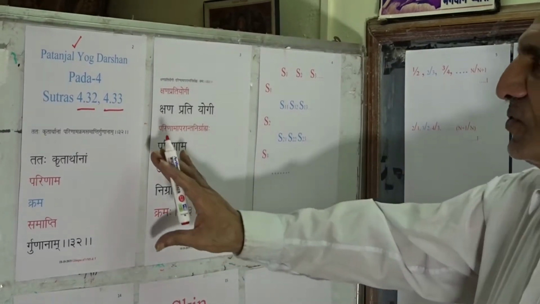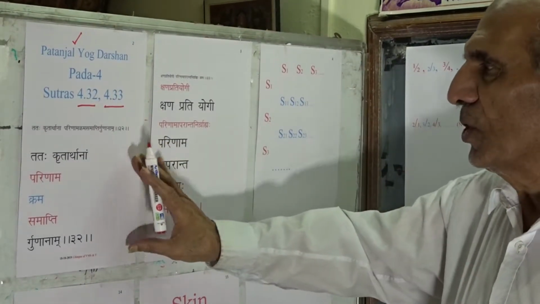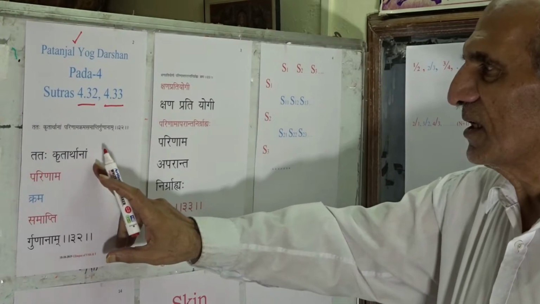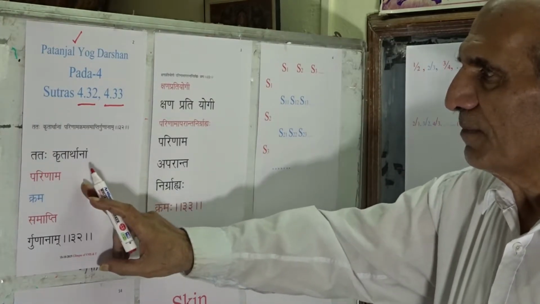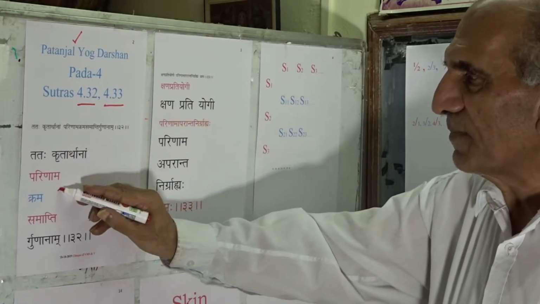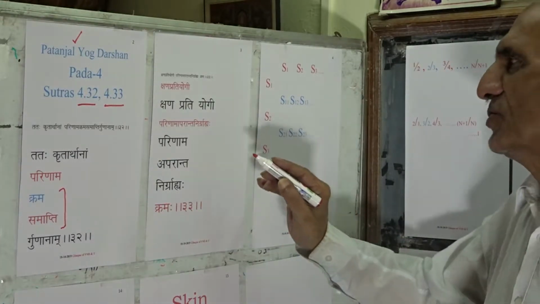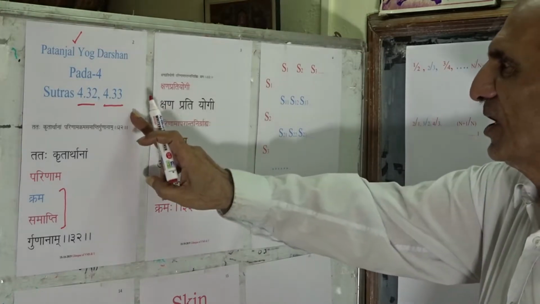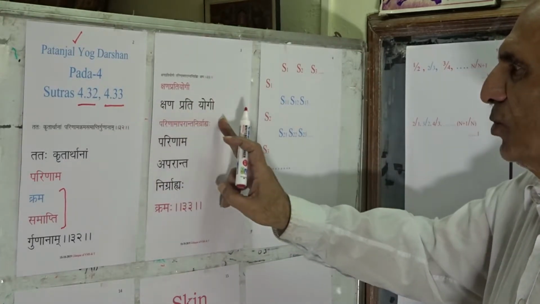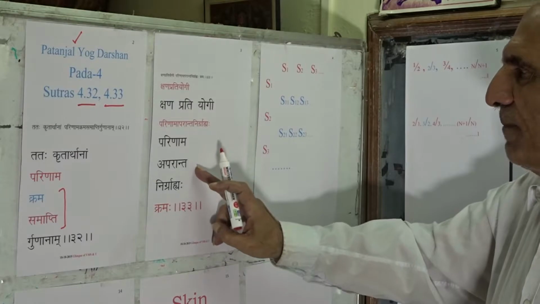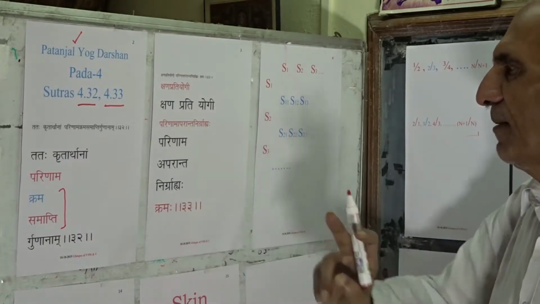The Sutra 4.32: Tat Krit Arthanam Parinam Kram Samapti Gunanam, and the Sutra 4.33: Kshana Pratiyogi Parinam Aprant Nirgrahe Karma.